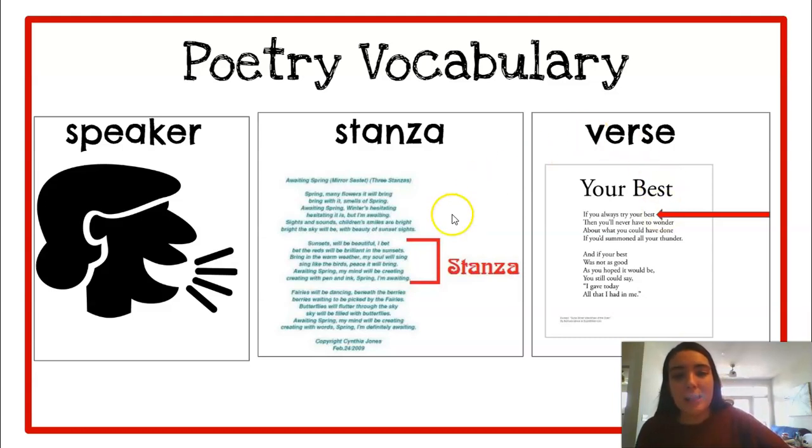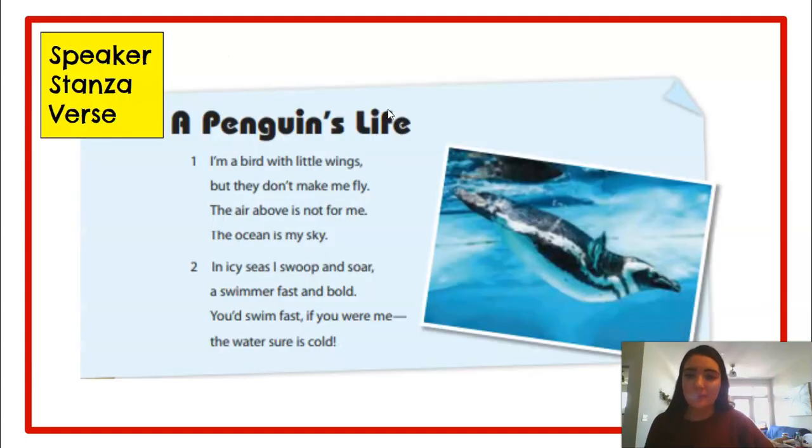So if I'm looking at this picture, 1 verse, 2 verses, 3 verses, 4, 5, 6 verses in this first stanza. So these are important words to remember as we're looking at poetry, because our main question, what are poems made of? Verses and stanzas.